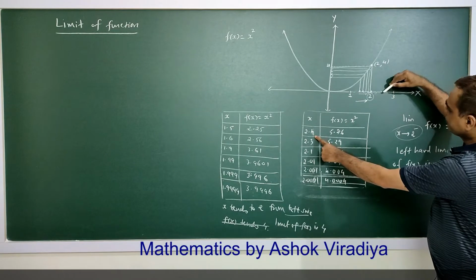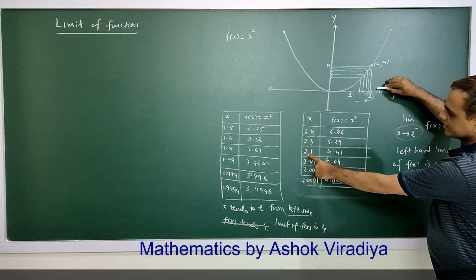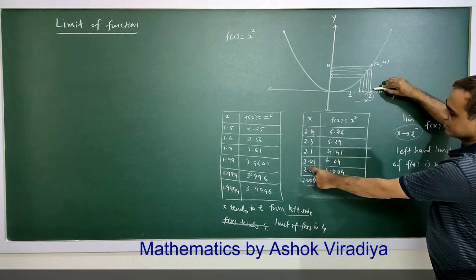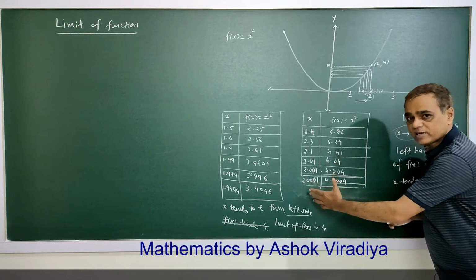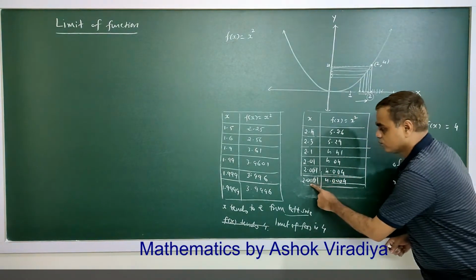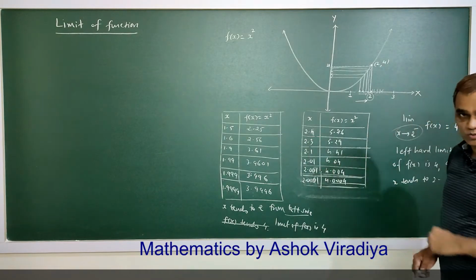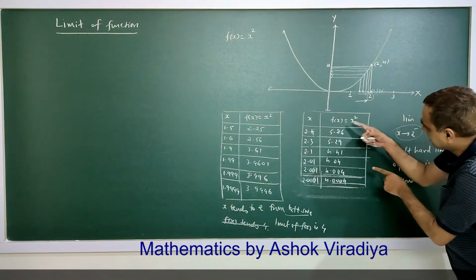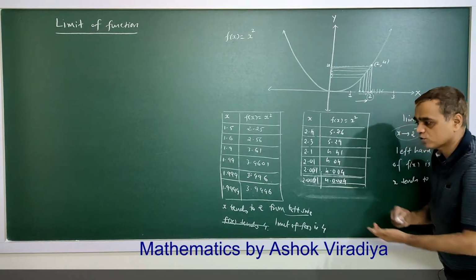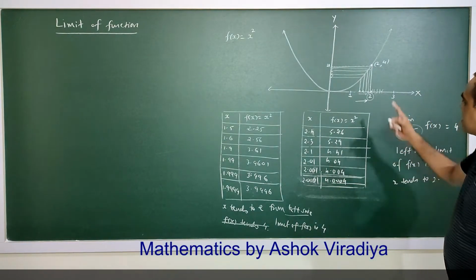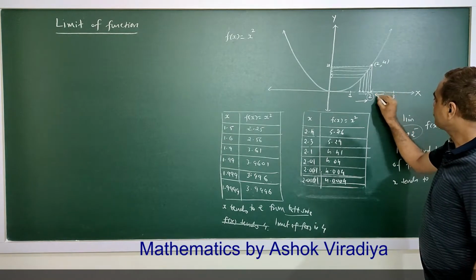x is 2.4, then 2.3, then 2.1, then 2.01, 2.001, 2.0001. x doesn't touch 2. x is going near and near towards 2. At the same time, f(x) is going near and near towards 4. x is going near and near towards 2 from right side.